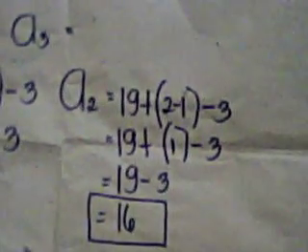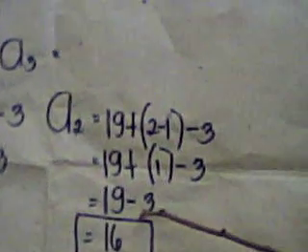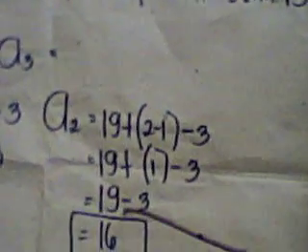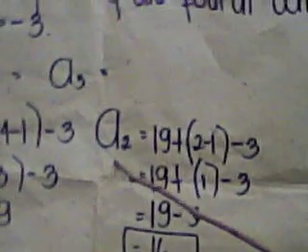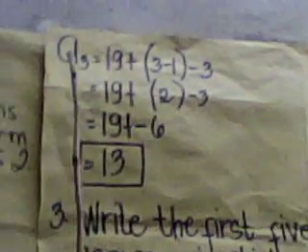So 19 minus 3 equals 16, and this is our second term. The a sub 2 is 16.